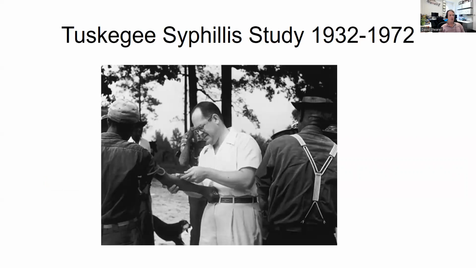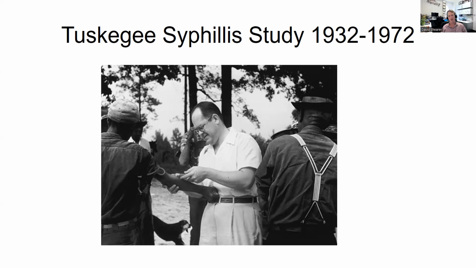So now we're going to switch gears a little bit and talk about research ethics. Some may have read about this, others may not, the Tuskegee syphilis study. This is one of the darkest examples from U.S. history, and arguably research ethics as well.